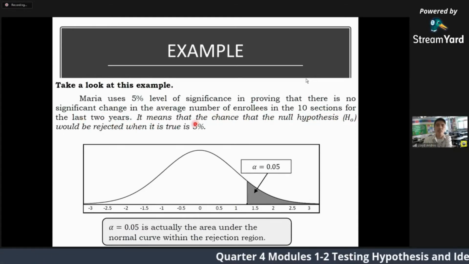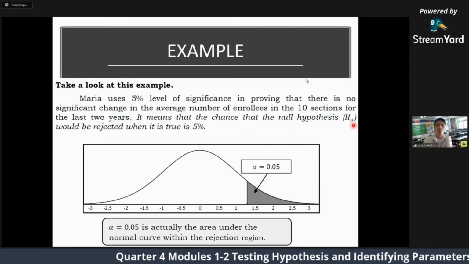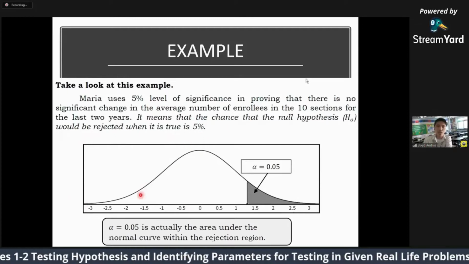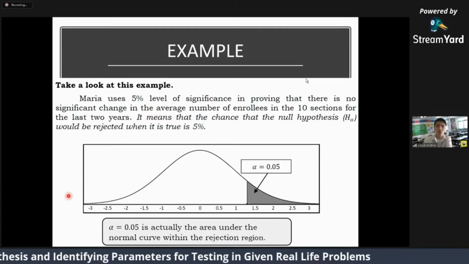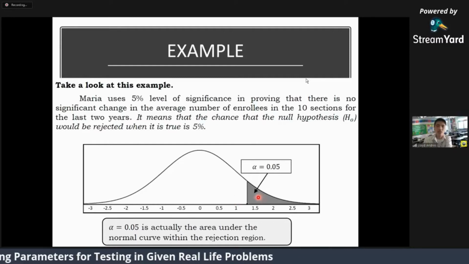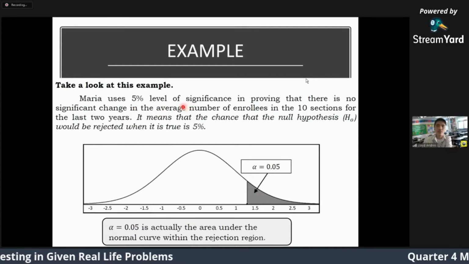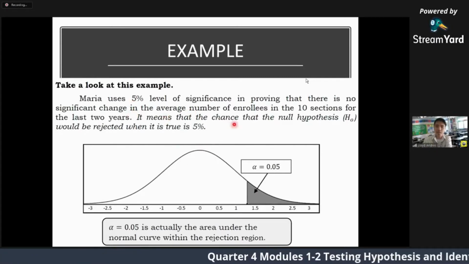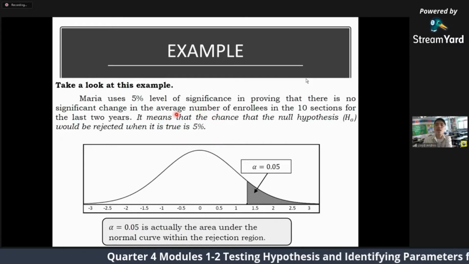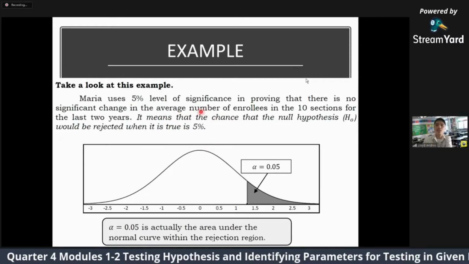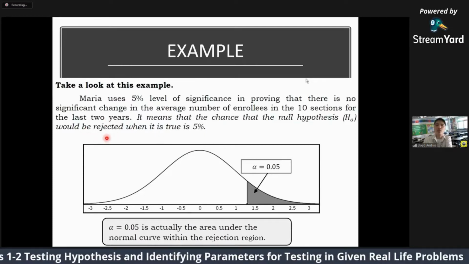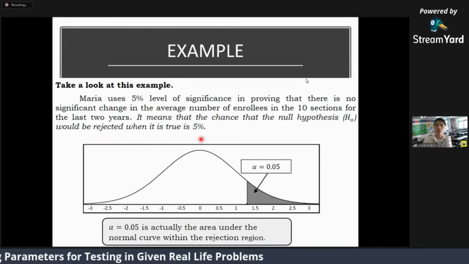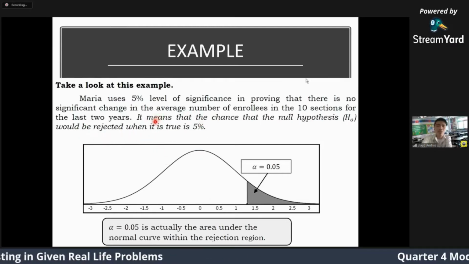It means that the chance that the null hypothesis H sub O would be rejected when it is true is 5%. If we place it on the normal distribution, the level of significance is 5%. So it means there is a 5% chance that you decide wrongly: you reject the null hypothesis when in fact it is true. It should have been accepted but you rejected it. So there is a 5% chance that your decision is wrong.